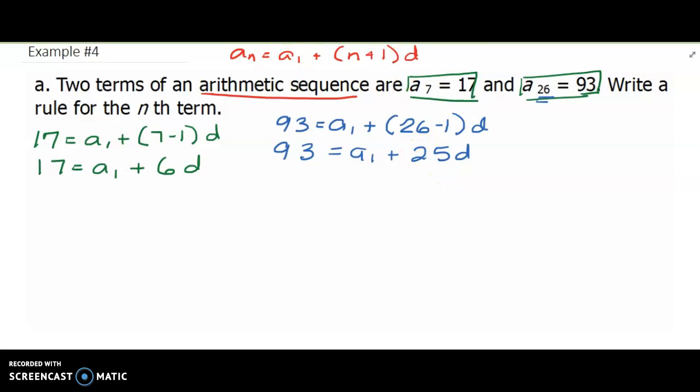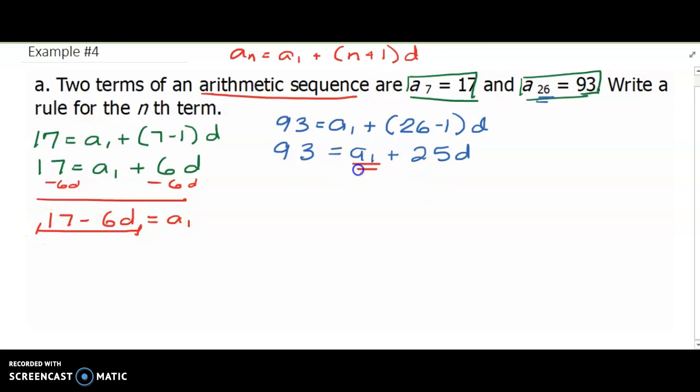I'm going to go ahead and use substitution. So I'm going to rewrite this. I'm going to subtract 6d from both sides and say 17 minus 6d equals a sub 1. Now I want to substitute this in for a1. So 93 equals, my a1 is now 17 minus 6d plus 25d.